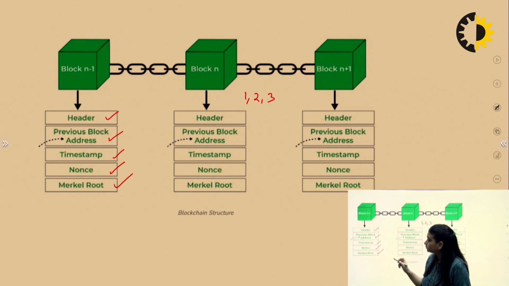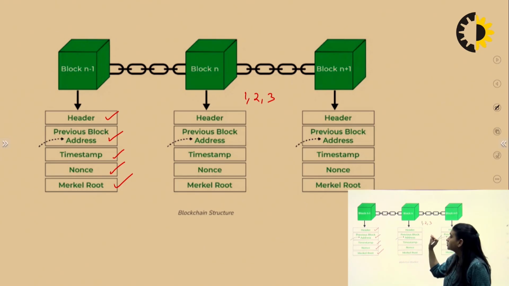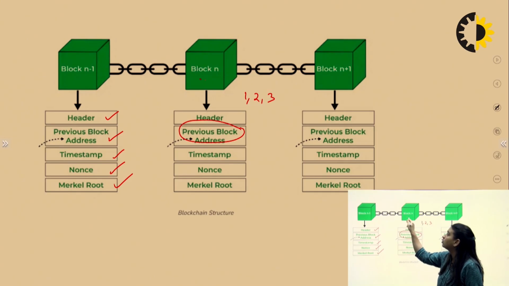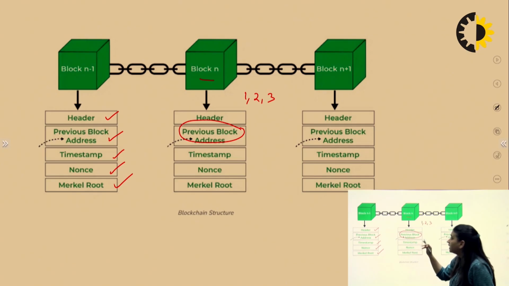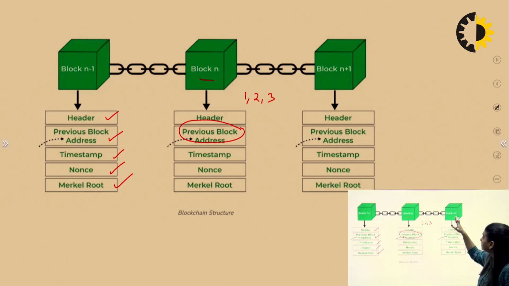Each block stores the previous block address. If we are talking about block n, it will store the address of the previous block n-1, and block n+1 stores the previous block address, meaning block n's address, and that is how the blocks are interlinked together using hashing.